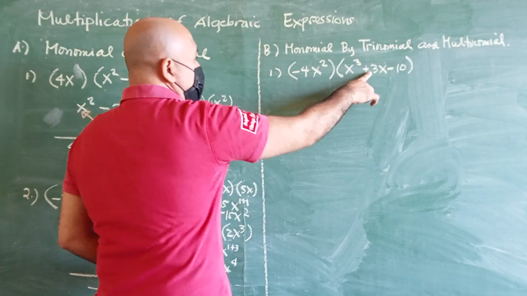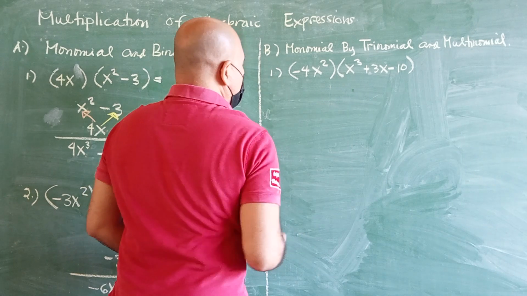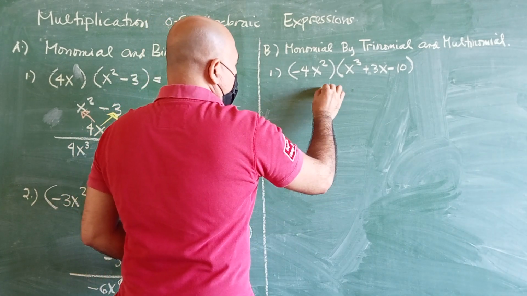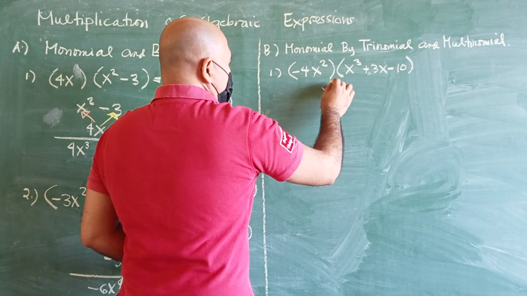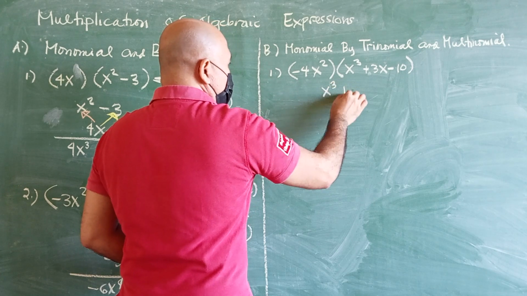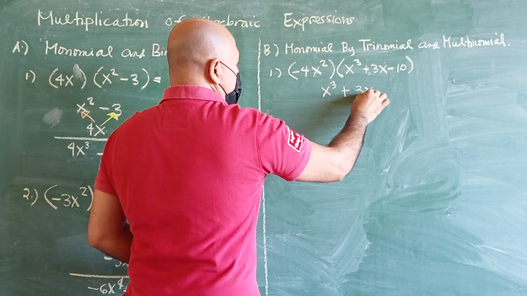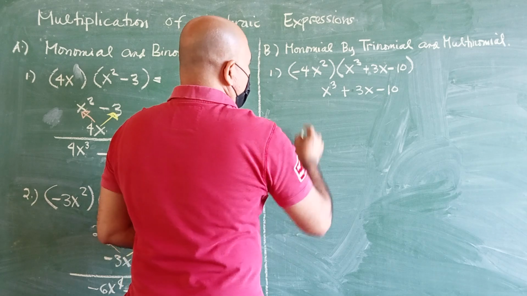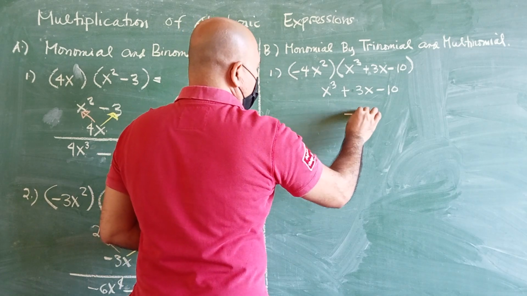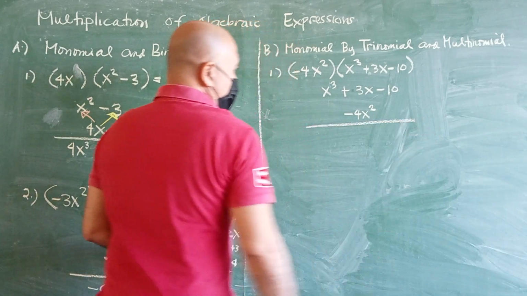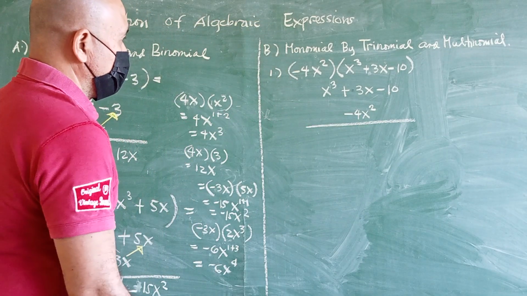This is trinomial and this is monomial. So again, just directly write them in vertical multiplication. That is x cubed plus 3x and then minus 10, and then negative 4x squared. The operation is multiplication.